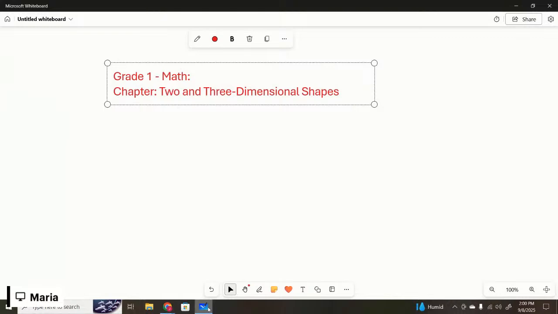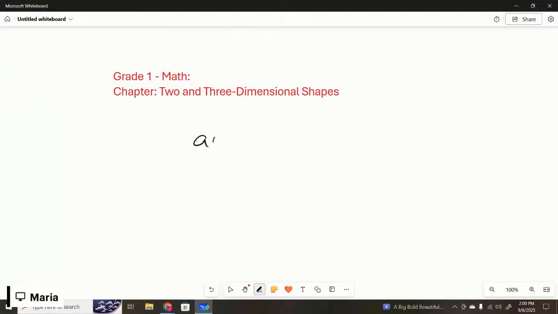We are here for grade 1 math. You can find all the lessons on aplusstudents.com. You have to log in there using your email address and password as provided by the administrator.